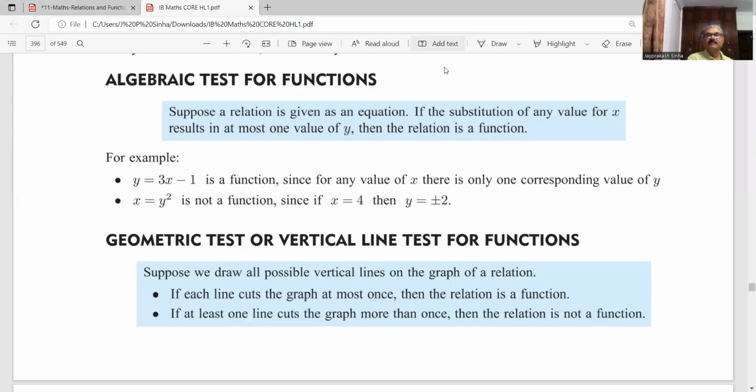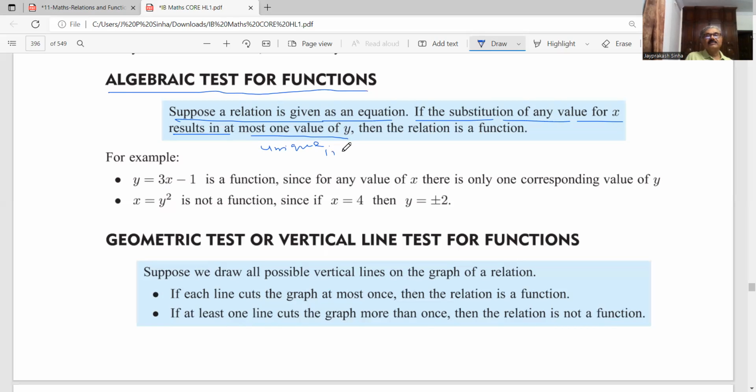This test we have already seen. Algebraic test for functions: suppose a relation is given as an equation. If the substitution of any value for x results in at most one value of y, means unique image, then the relation is a function.